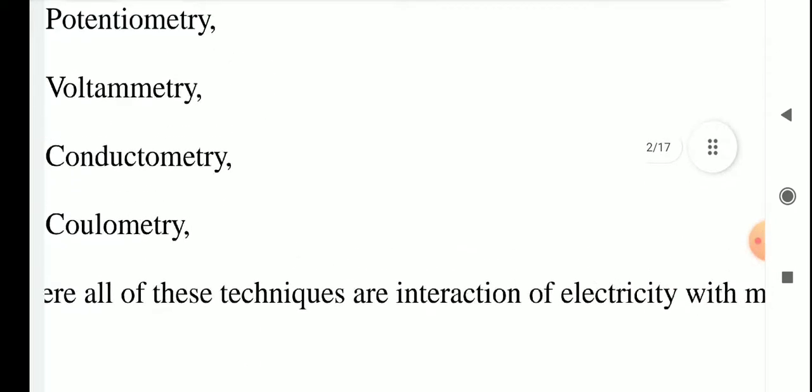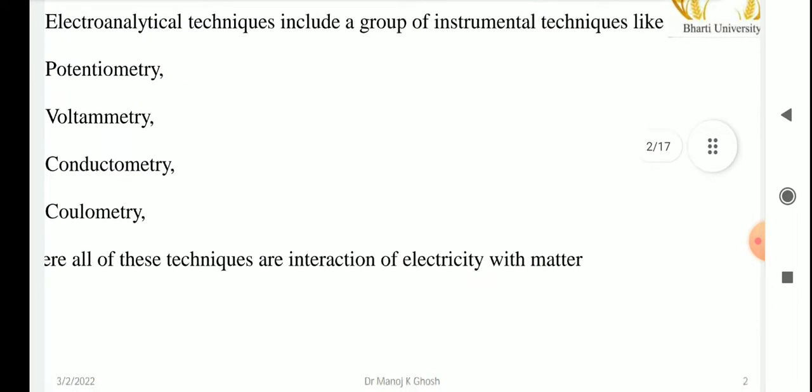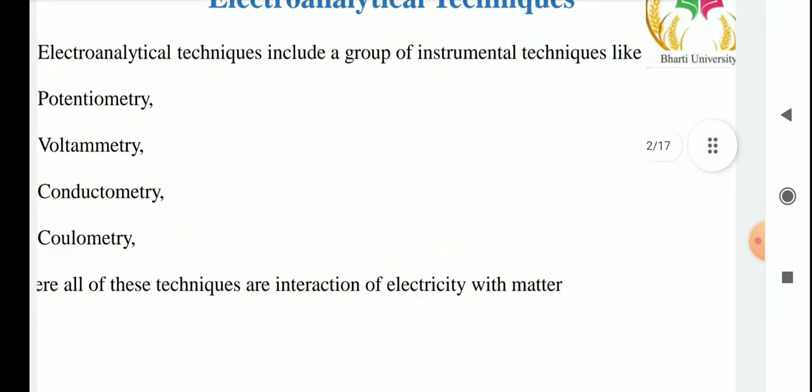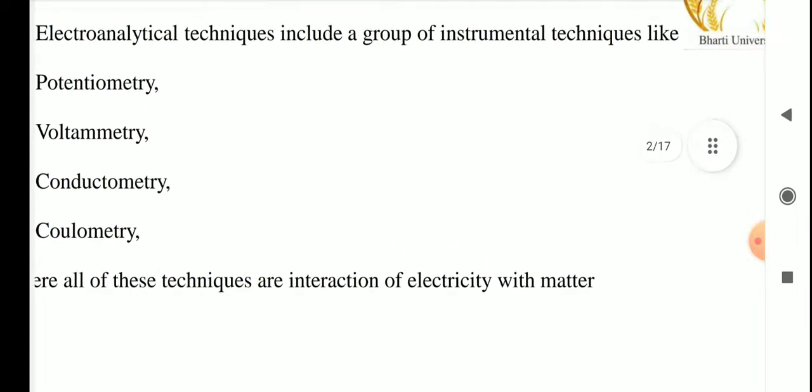These are the four techniques through which we determine all the parameters through which we can analyze the physical property of any chemicals.